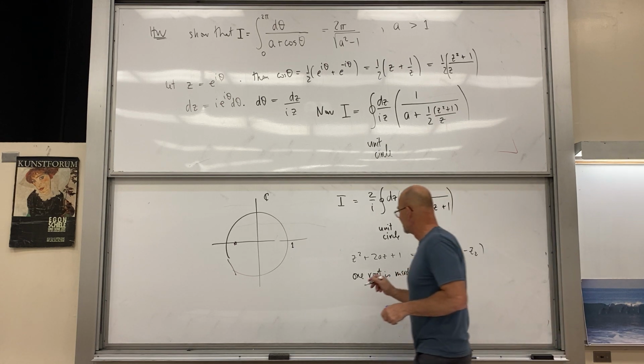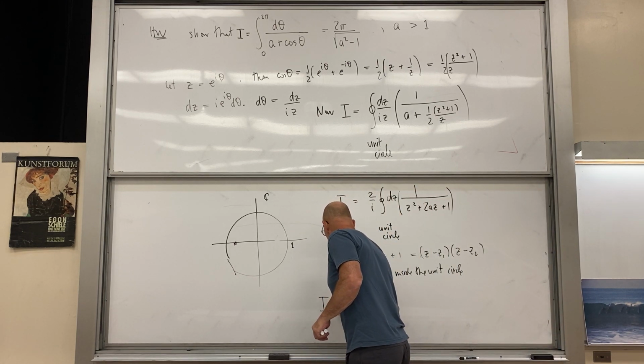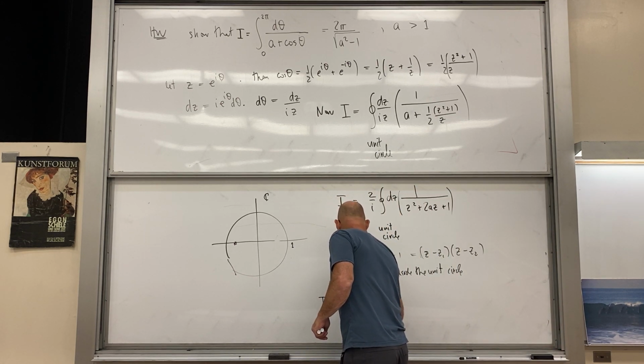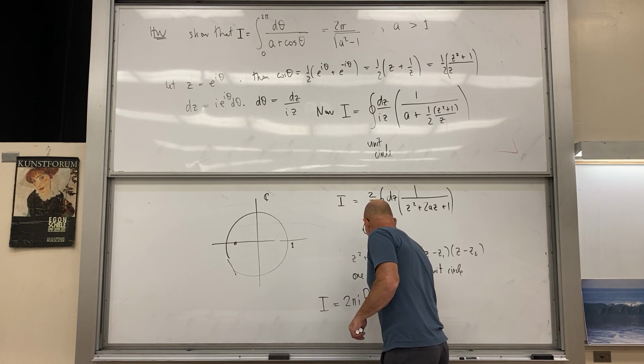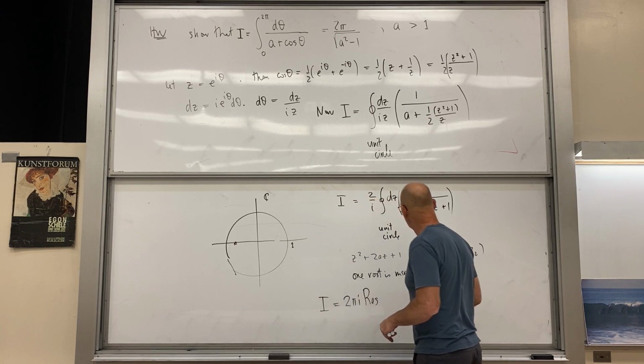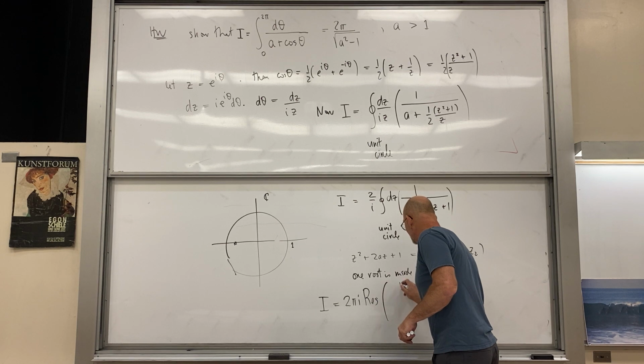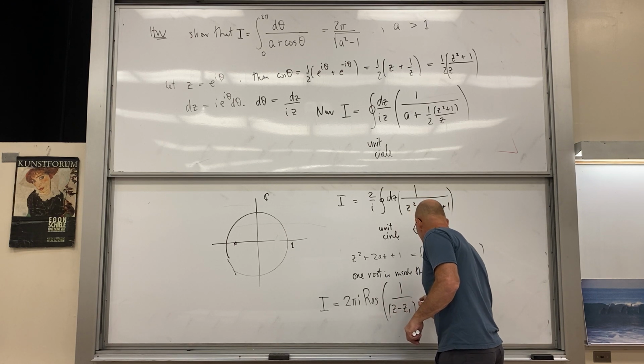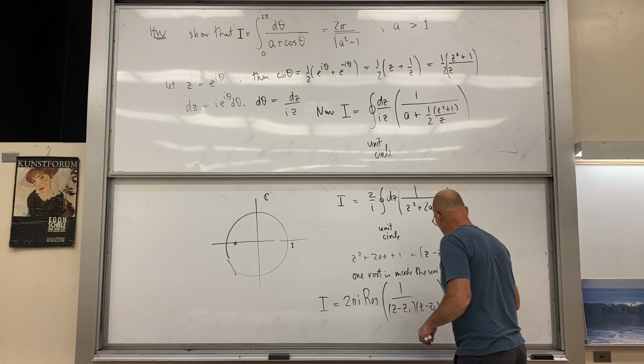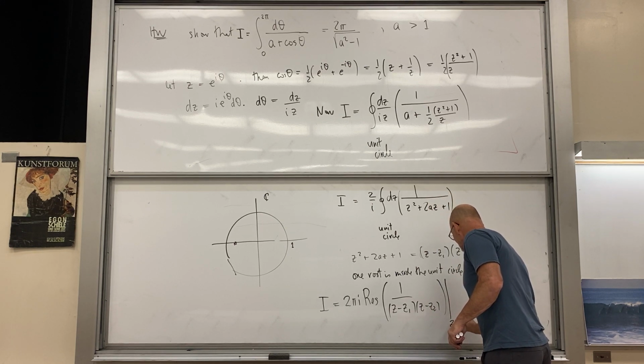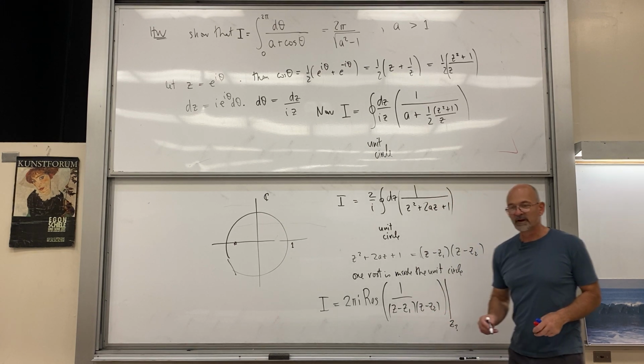So then this integral will end up being 2 pi i times the residue of this function, 1 over z minus z1, z minus z2, evaluated at z sub, whichever one it is, okay?